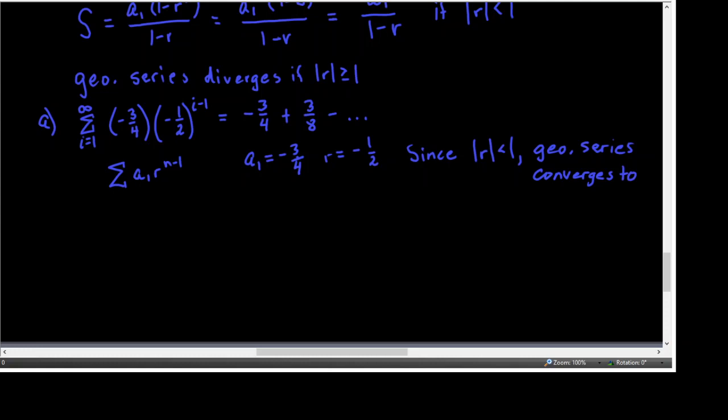It converges to S equals a sub 1 divided by 1 minus r. And you do that arithmetic, and you get negative 1/2. Okay. All right.